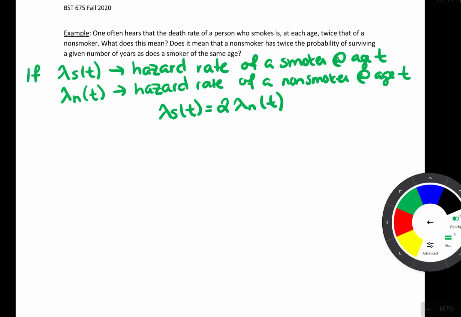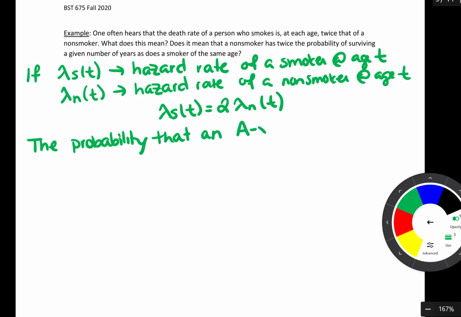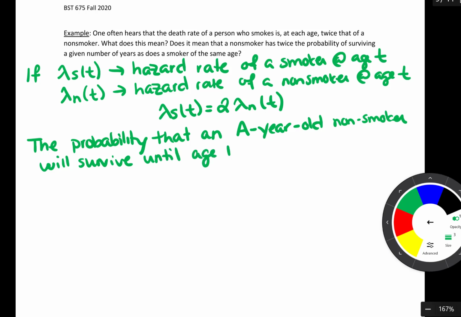So we're interested in the probability that an a-year-old non-smoker will survive until age b.